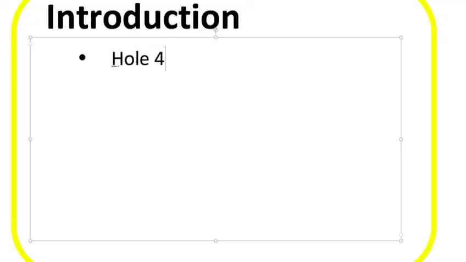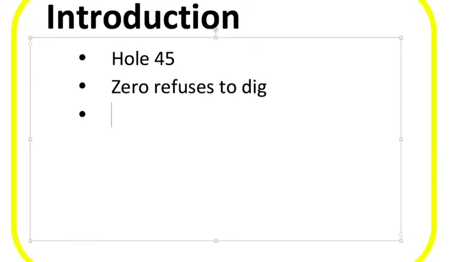So I actually thought that Hole 45 is the first key point that we come across in the story. So Hole 45 is a key point because the character talks about how it's notoriously the hardest hole. Then the next key point is Zero refuses to dig. Then you've got hits Mr. Pendanski.